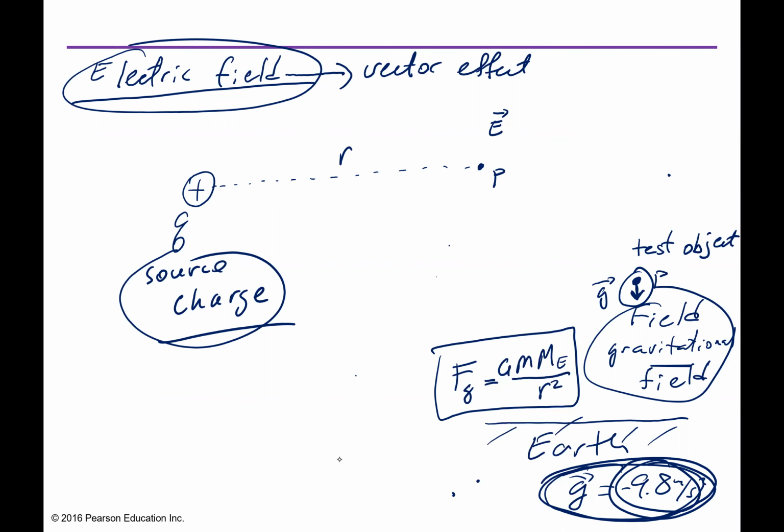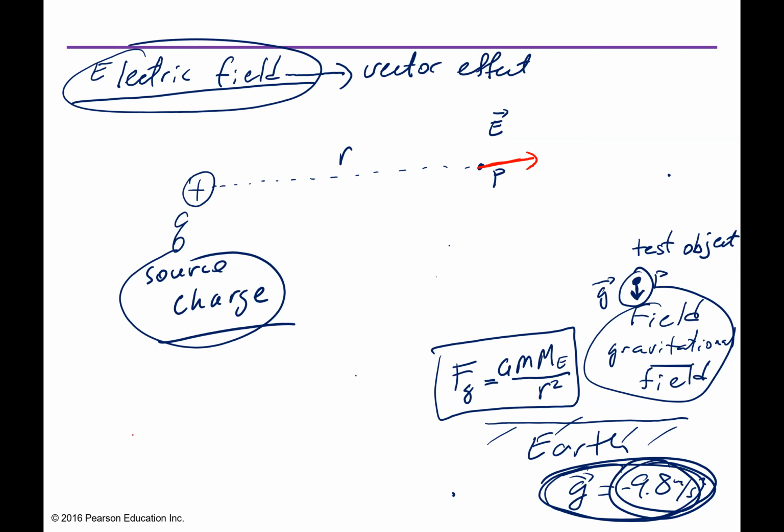Now, this electric field has a very specific direction, and that direction depends on what type of source charge I have. So if the source charge is positive, then the electric field points radially away from the source charge.